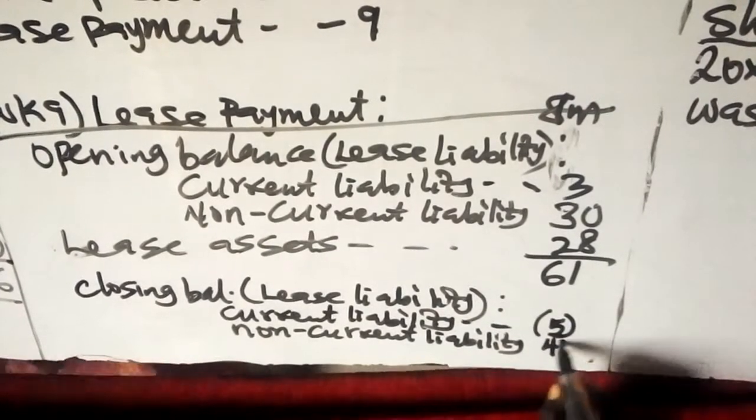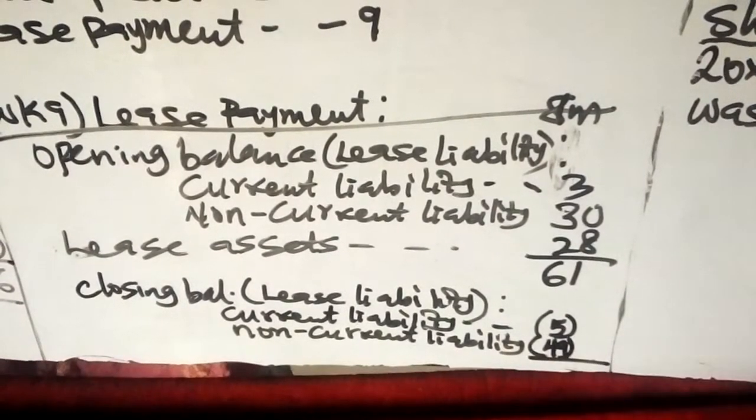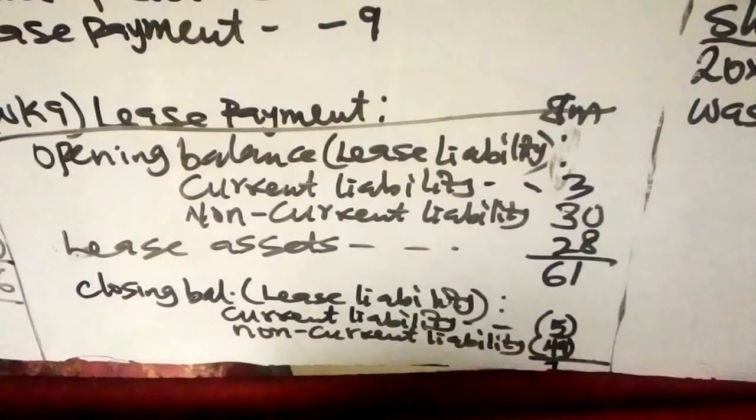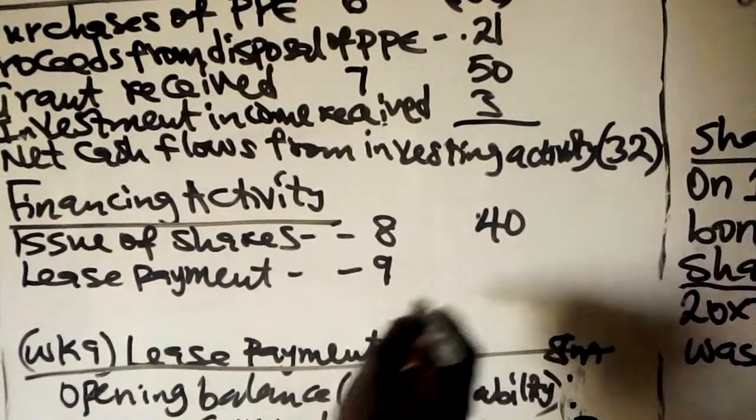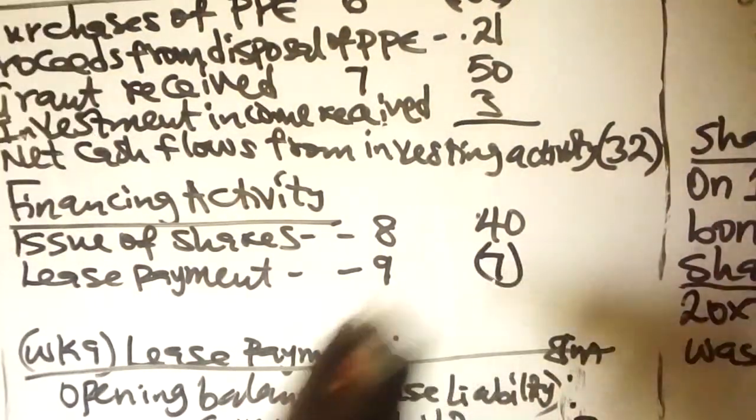When you remove that, 61 minus 5 minus 49, that will give us 7. That is the lease payment. We are going to recognize the lease payment of 7. Remember, the lease payment is an outflow.